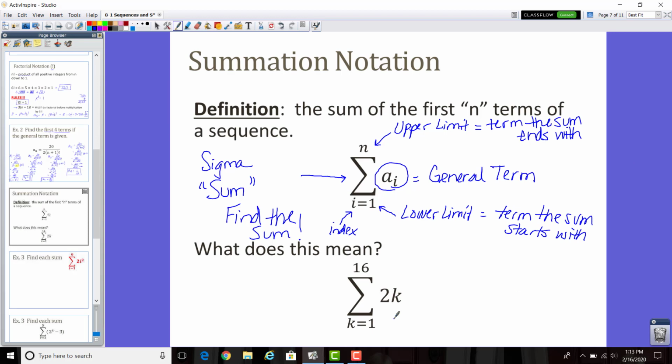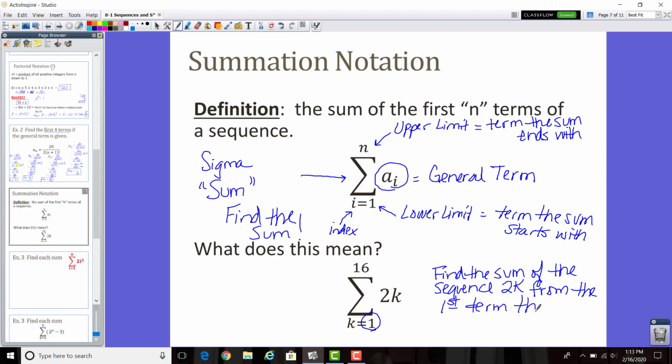Okay, so here's a summation notation. What does this mean? We always start with the sigma. Sigma means find the sum. What are we finding the sum of? We're finding the sum of the sequence, in this case. That sequence is called 2k. So find the sum of the sequence 2k from the first term through the 16th term.